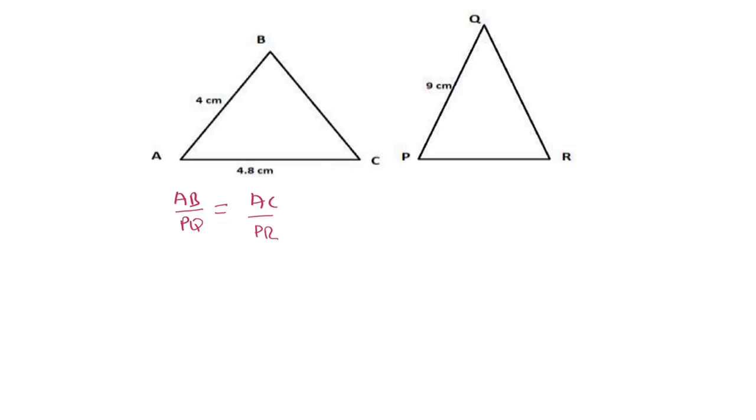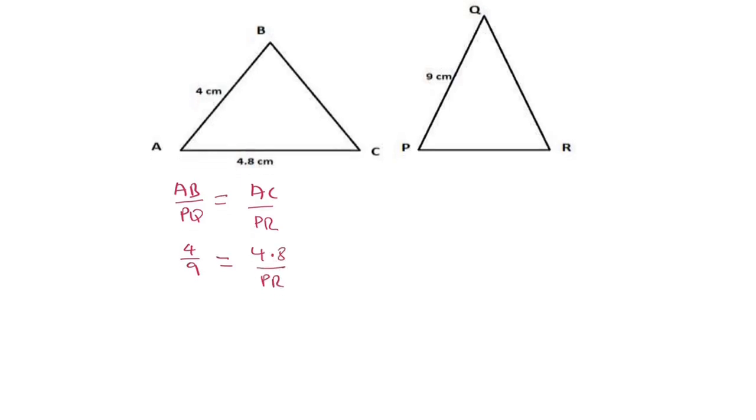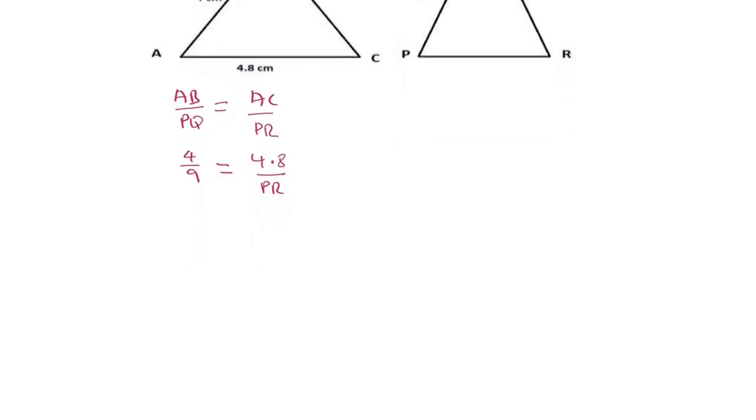Okay, so now let us substitute the given values. Then we have 4 over 9 equals 4.8 over PR. Let us now cross multiply this. We have PR times 4 equals 4.8 times 9.